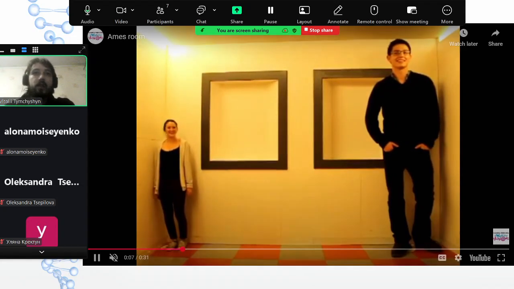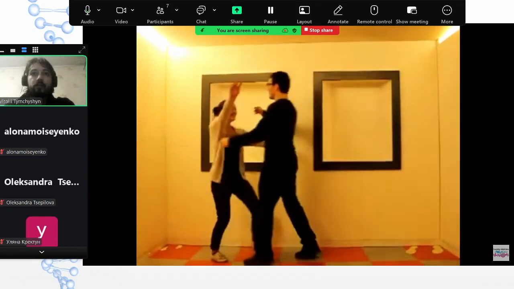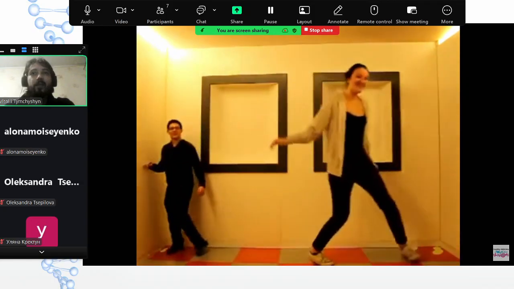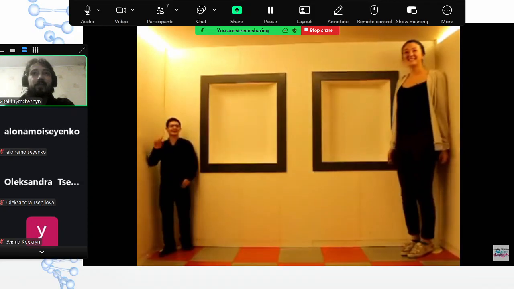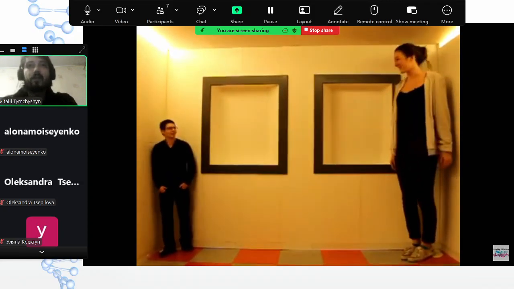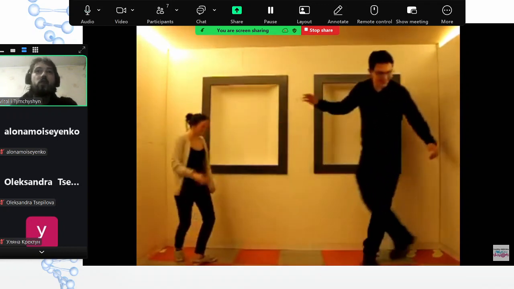So here they stand, and now they start swapping places. And swapping places once again.